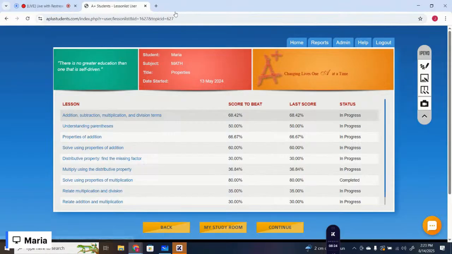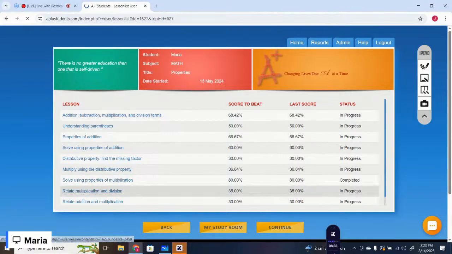The next lesson is solve using relate multiplication and division.